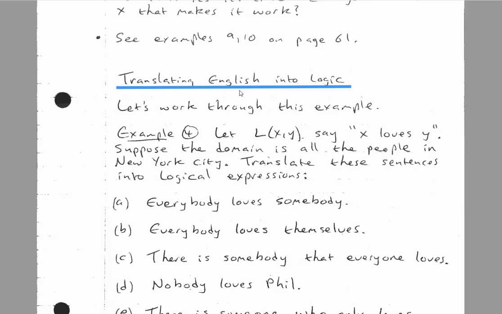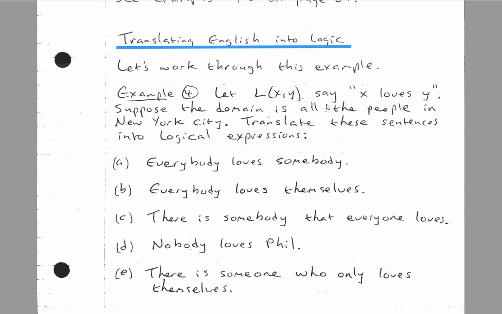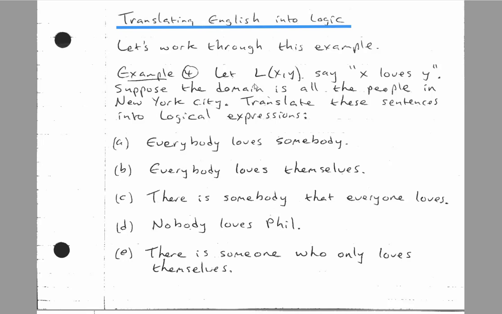Okay, now we can go in the other direction. Now start with the English and convert that to the logic. Here's example 4. This is one of the homework exercises, or a variation. This time our propositional function L of x comma y says x loves y. The domain is a set of people, maybe everybody in New York City.